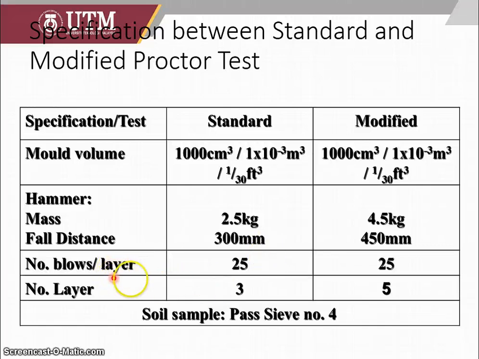For the blows, I hope you still remember there will be about 25 to 27 blows with the number of layers of soil being 3 layers. The soil sample prepared to carry out the compaction must pass sieve number 4, meaning bigger than clay, passing sieve number 4 or smaller than sand.